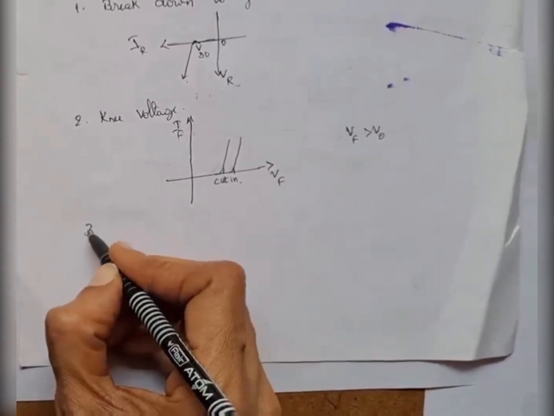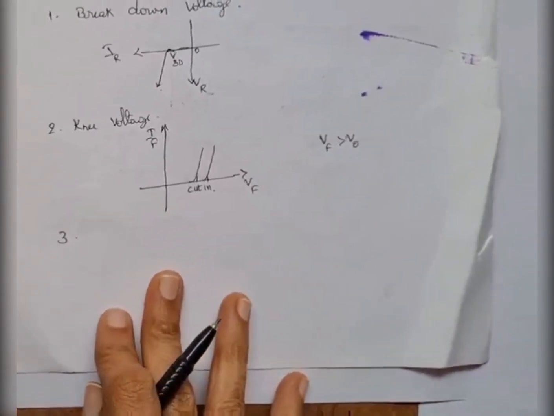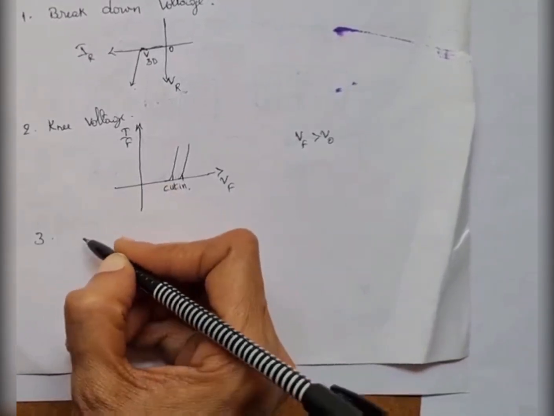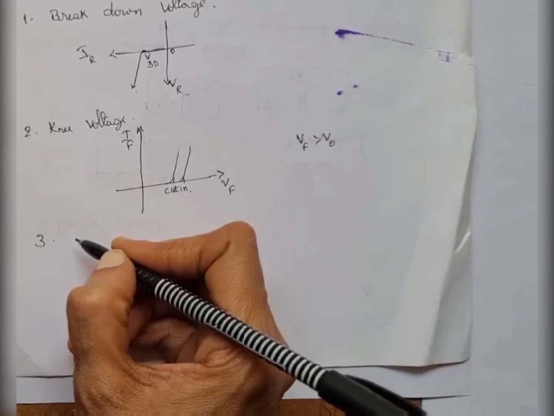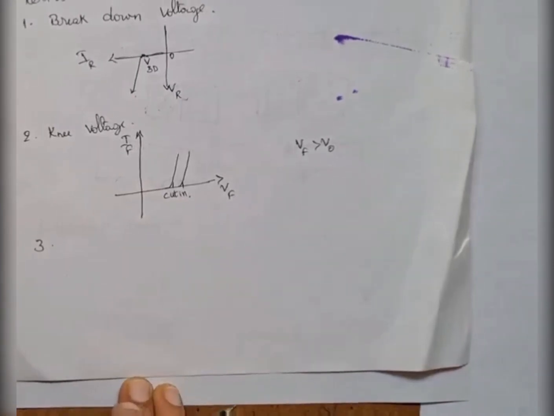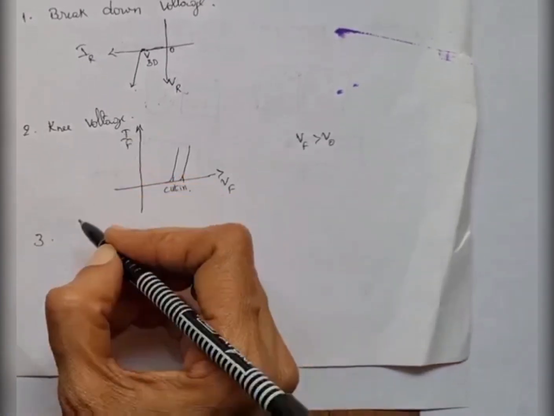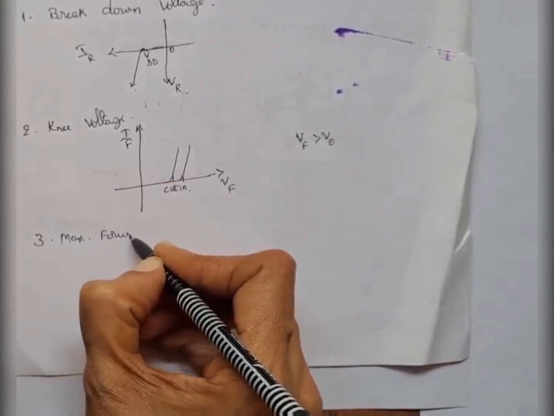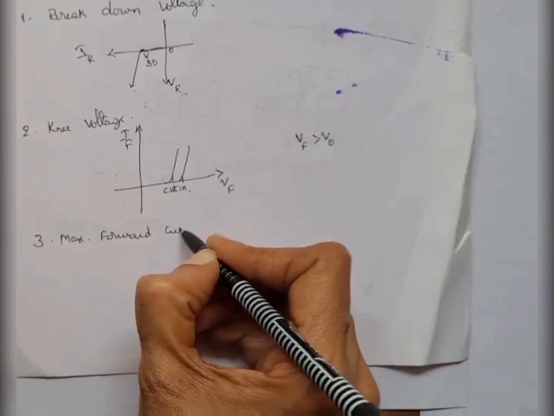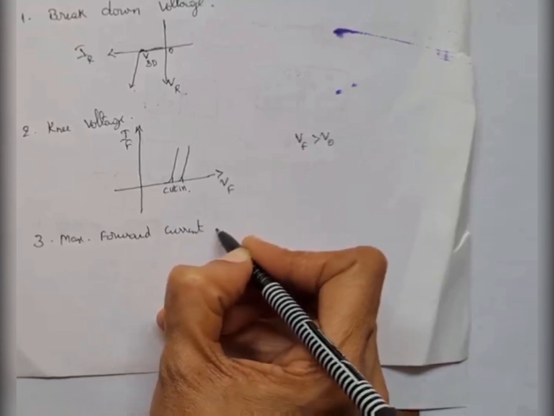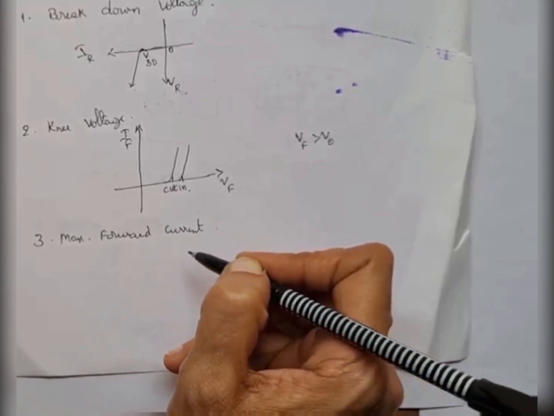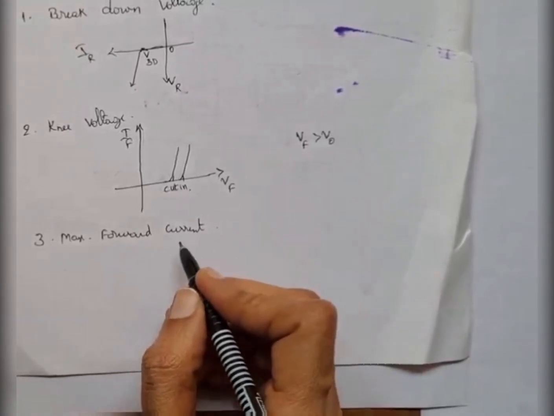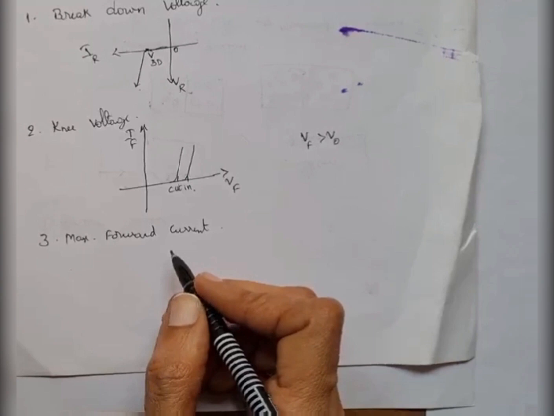The third one we are using here is maximum forward current. It is the highest instantaneous forward current that a PN junction can conduct without damaging the junction.